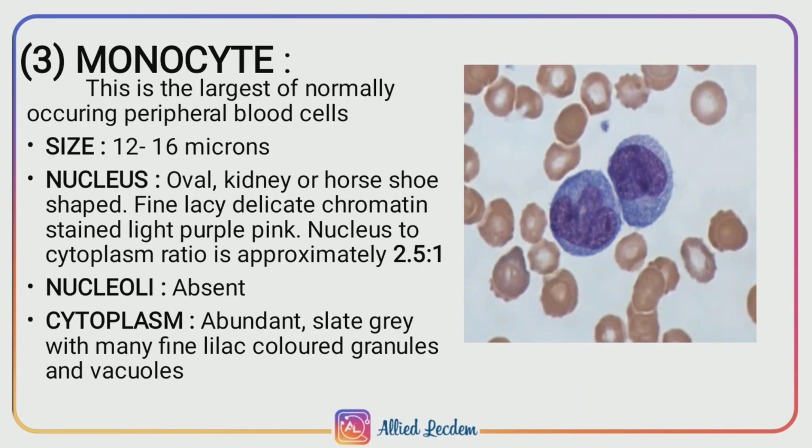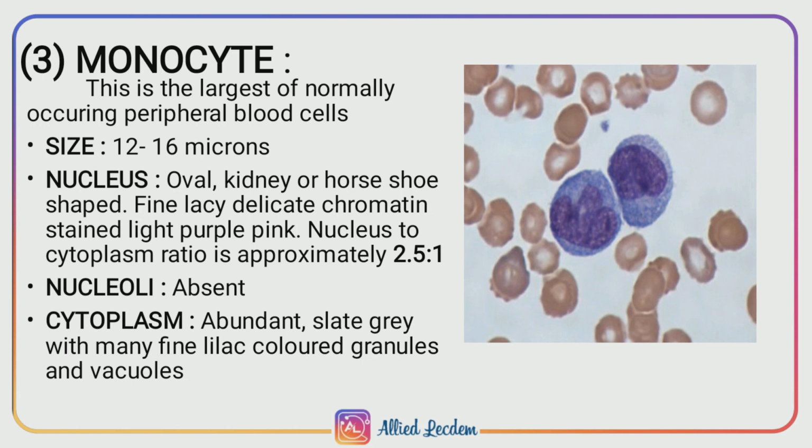Next is monocyte. This is the largest cell of normally occurring peripheral blood cells. Here the size is about 12 to 16 microns and the nucleus is oval, kidney or horseshoe shaped.